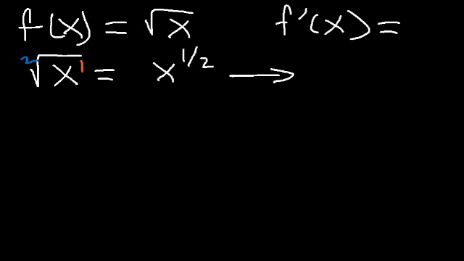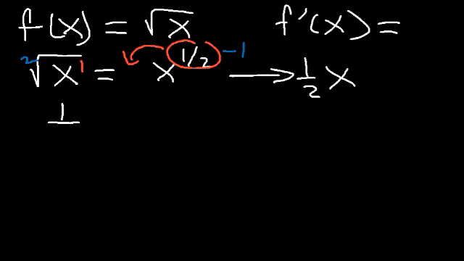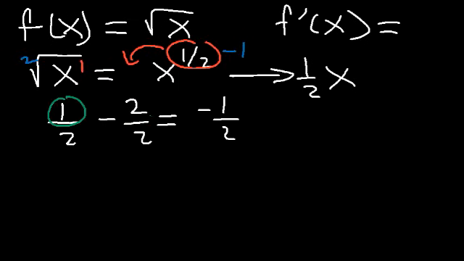Now to find the derivative, we need to take the exponent and move it to the front. So it's going to be 1/2 x, and then we need to subtract the original exponent by 1. So what is 1/2 minus 1? 1 is the same as 2/2. 1/2 minus 2/2 is negative 1/2, because 1 minus 2 is negative 1. Once the denominators of the two fractions are the same, we can combine the numerators.